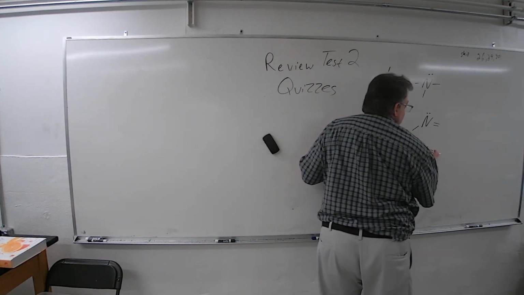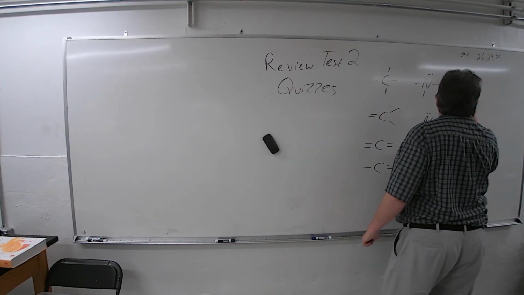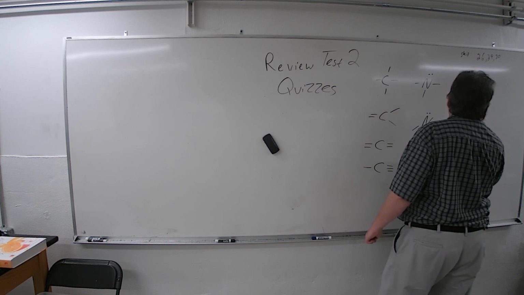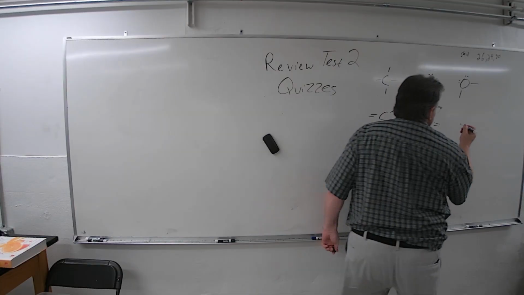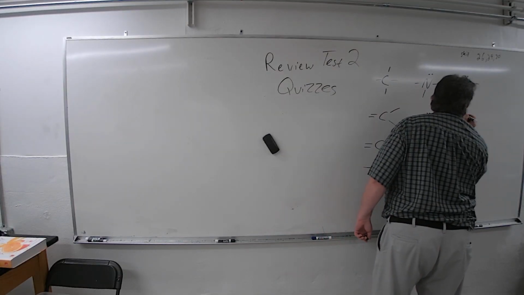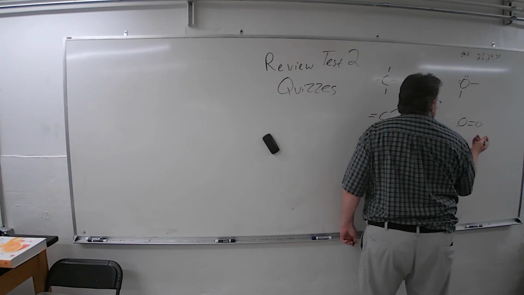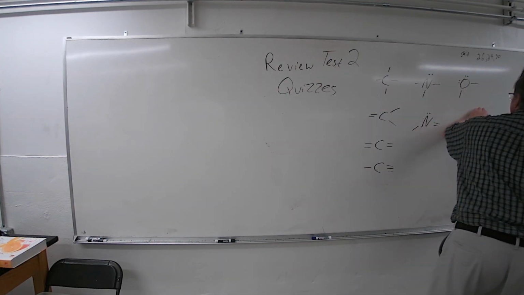That's like a null case. Oxygen, it can be bonded to 2 different things, and that's it. If oxygen is doing this, you're back to that null case, where there's only 2 atoms, so it's going to be linear, I guess.